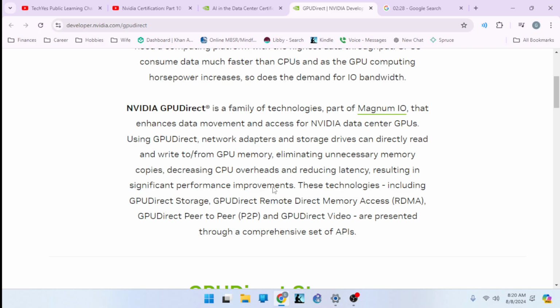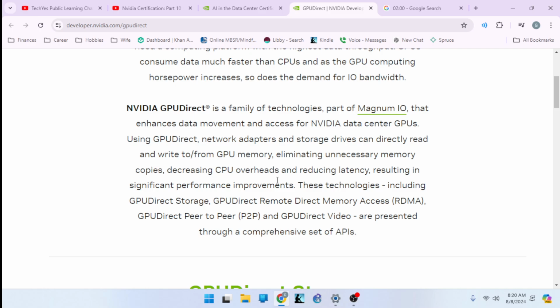bandwidth. Nvidia GPU Direct is a family of technologies, part of Magnum I/O, that enhances data movement and access for Nvidia data center GPUs. Using GPU Direct, network adapters and storage drives can directly read and write to/from GPU memory, eliminating unnecessary memory copies, decreasing CPU overheads, and reducing latency, resulting in significant performance improvements.